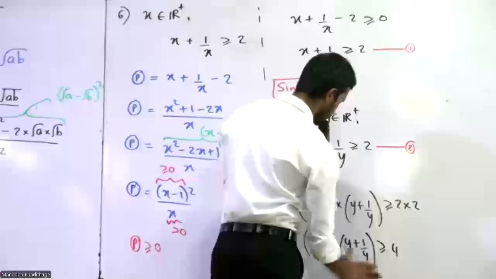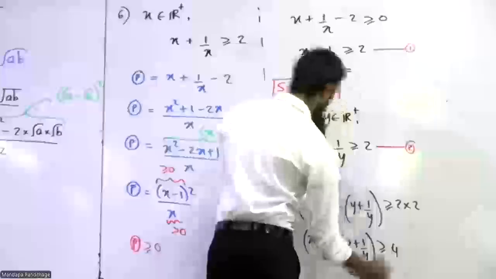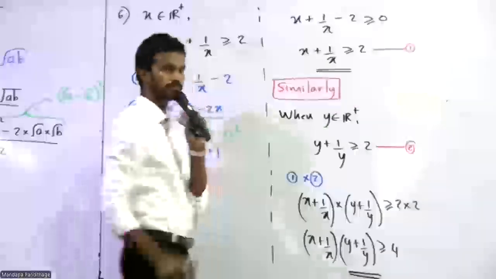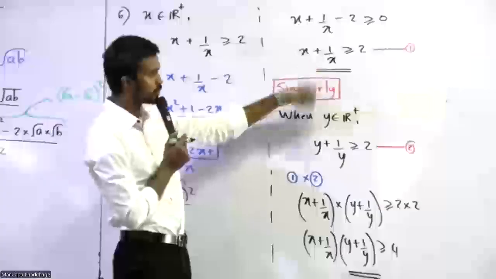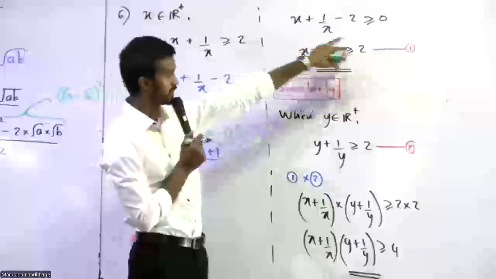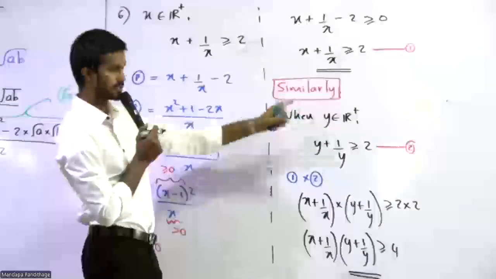Make sure you can only multiply the inequality in this way because you know both sides are positive. So you can write it similarly and get the answer.